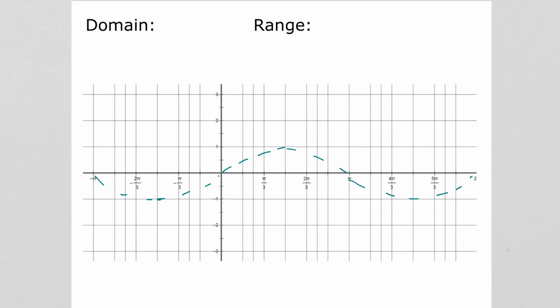And y equals 3 sine of x takes that and multiplies the y values by 3. So we still have 0 here. At pi over 2, we go up to 3. At 3 pi over 2, we go down to negative 3.